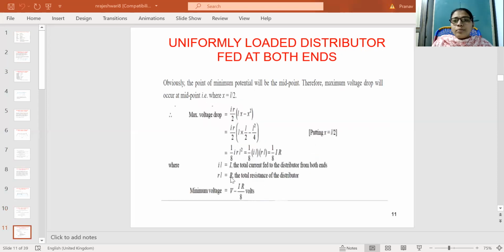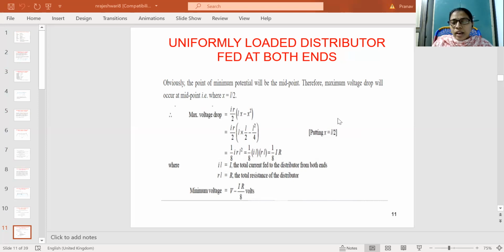Obviously, the point of minimum potential will be at the midpoint. Therefore, maximum voltage drop will occur at midpoint, that is where x is equal to L by 2. Maximum voltage drop is equal to IR by 2 into Lx minus x square, where x equal to L by 2.